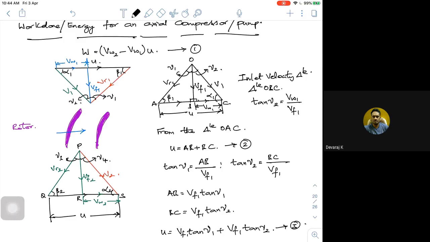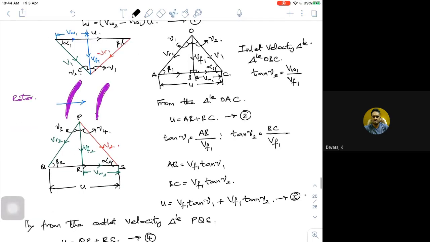Now similarly, if I come to the outlet triangle, if I consider the triangle PRS, if I do that same thing, tan gamma 4 is equal to VW2 divided by your corresponding VF2, where VF1 is equal to VF2.